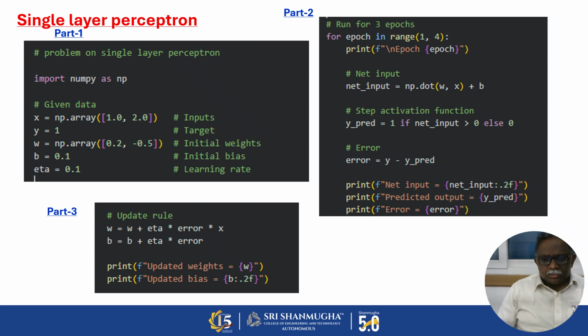The error is basically the difference between the actual and the predicted output. So we run until the predicted output is the same as the actual output, and till then we update the weights.